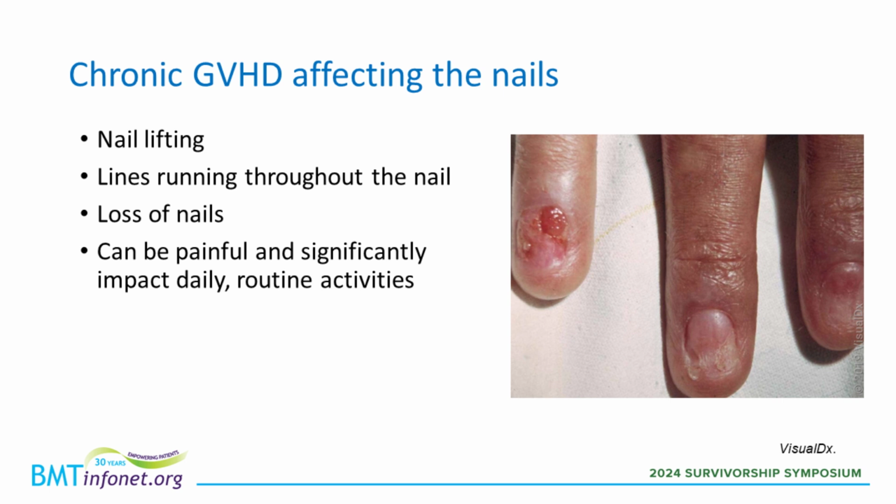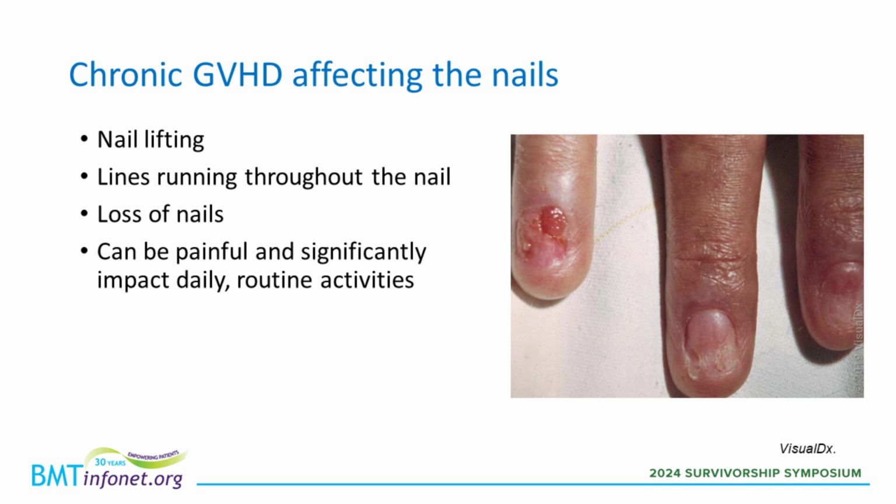The other area related to skin that we treat is nails. Now, nails sometimes are easy to ignore. They're very small on our body, but having any kind of condition that affects the nail, including chronic graft-versus-host disease, can actually be very disabling.